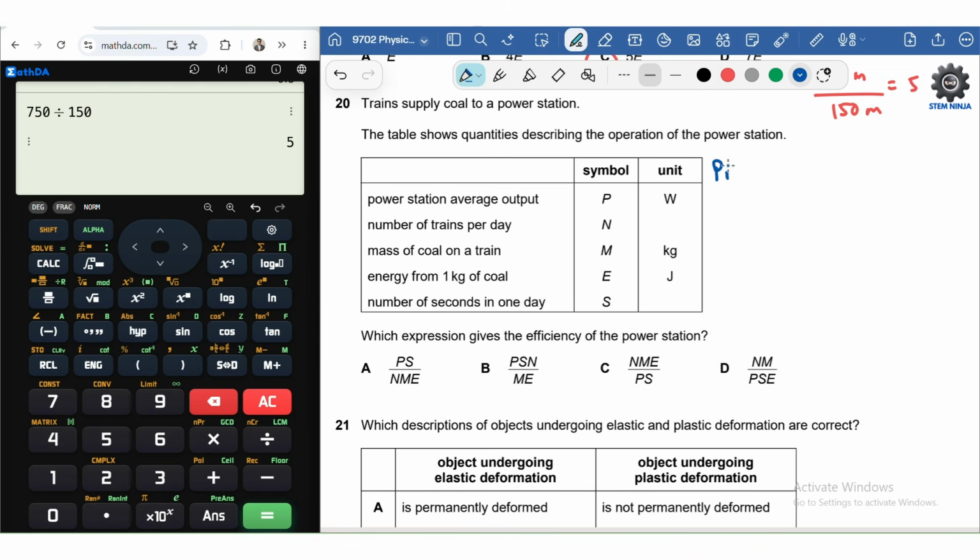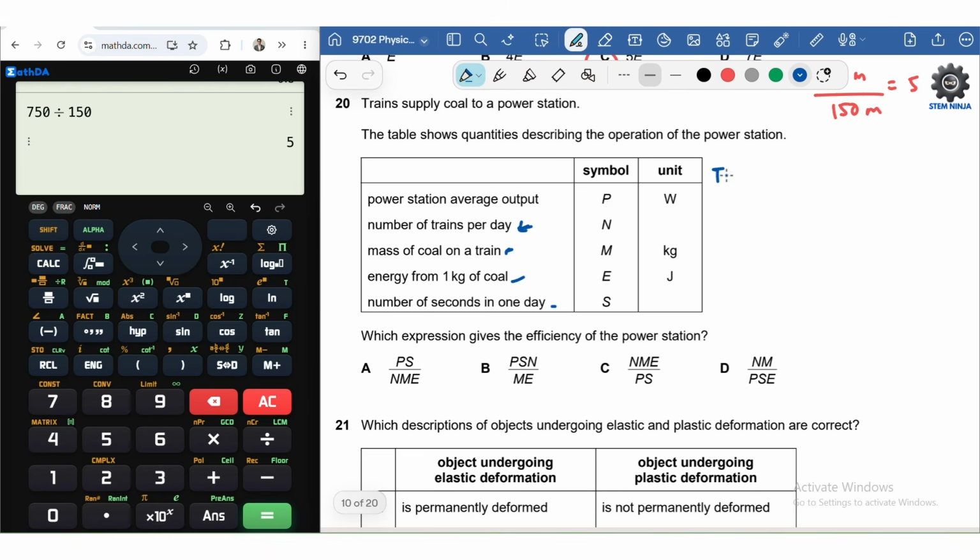We need a power input or energy input, you could say. Right, so power input is this multiplied by this multiplied by this divided by this. Okay, so energy from 1 kg of coal times by number of kgs of the coal, and then number of trains per day. So you have E, M, N. So for first let's write it.